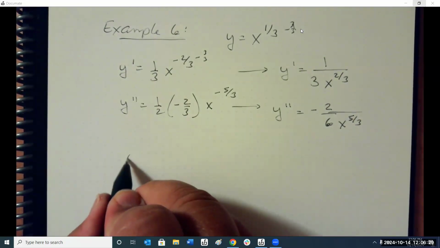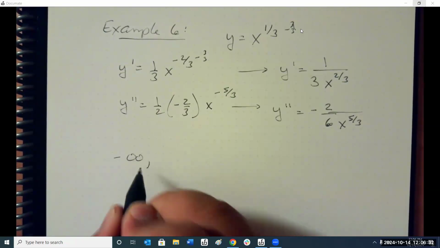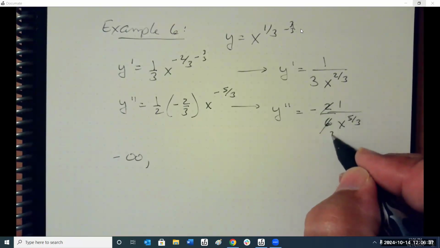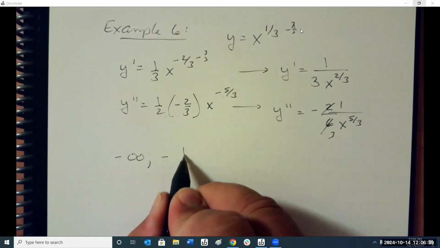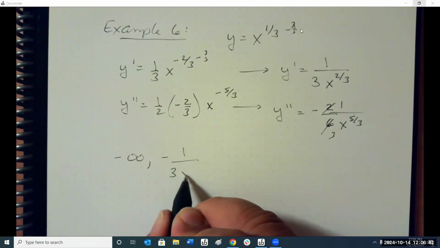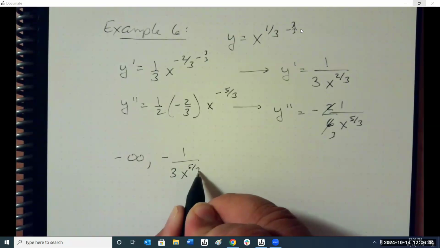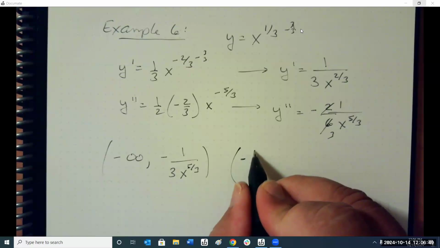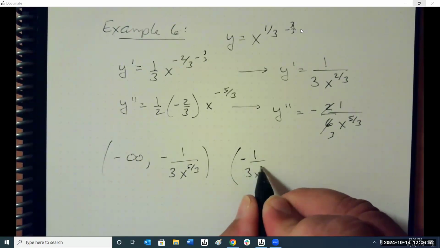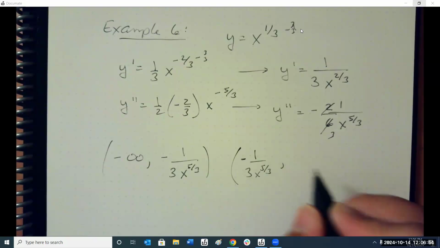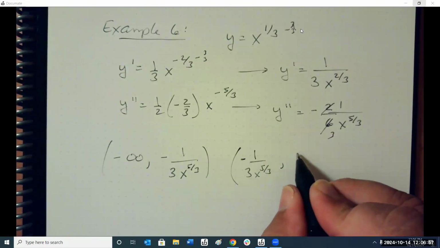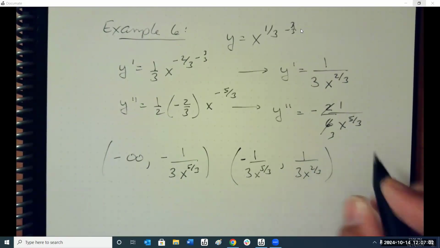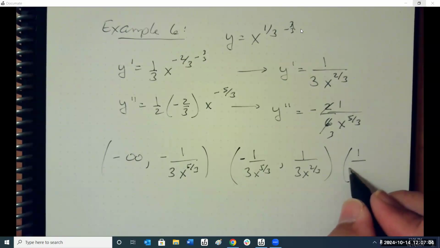So my intervals are from negative infinity, the 2 and the 6 can cancel, to negative 1/3 x to the 5/3, and 1/3 x to the 2/3, and then to infinity.